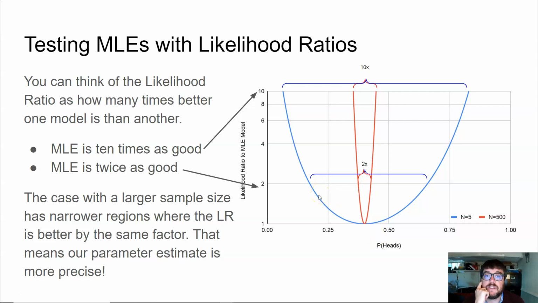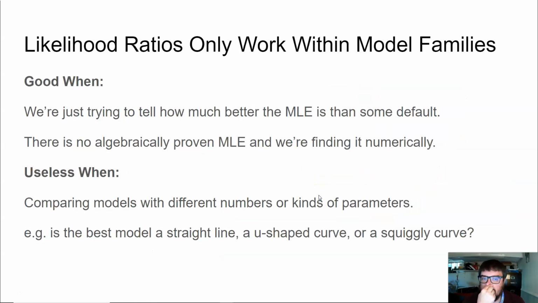And once you have those likelihood ratios, as long as you're within the same model family, as long as you're saying, all right, it's a Bernoulli process, so I only have one parameter I'm trying to estimate, what's the best parameter, then that likelihood ratio is good. It also can be very useful when you are working with something that's not a simple Bernoulli or normal distribution process, where it's a complicated model and you don't know for sure what the actual maximum likelihood estimate is.